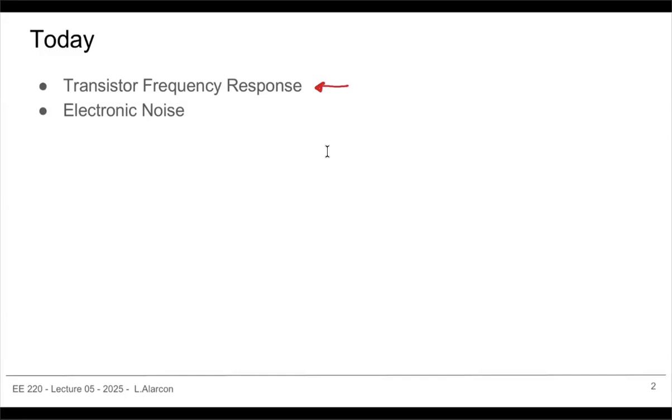For this case, it's really just trying to understand the limitations, right? So when we talk about frequency response for transistors, we want to talk about two things. One, what's our metric? And really, how does that limit the operation of our devices and ultimately our circuits? And then hopefully we can make that transition to our next topic, getting to electronic noise.